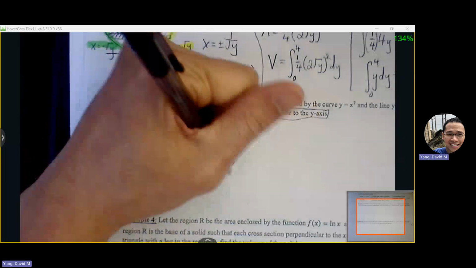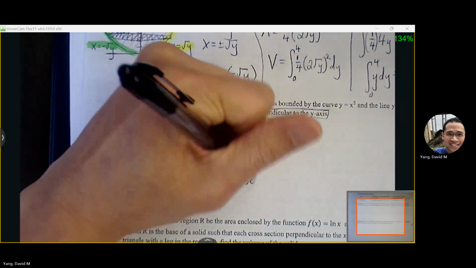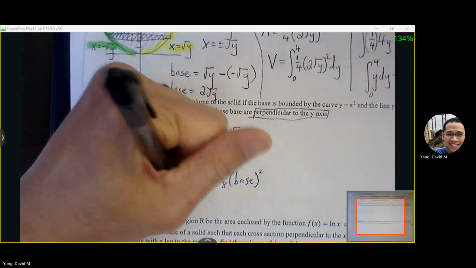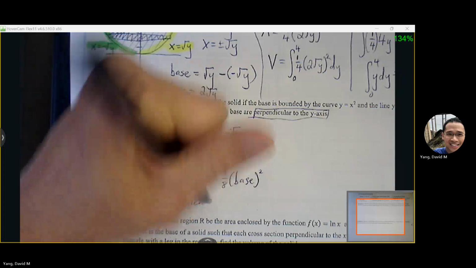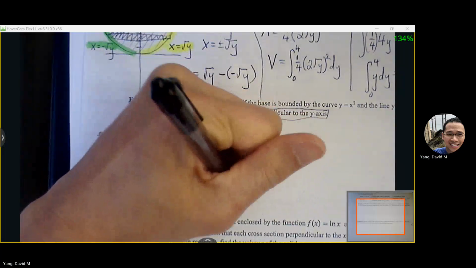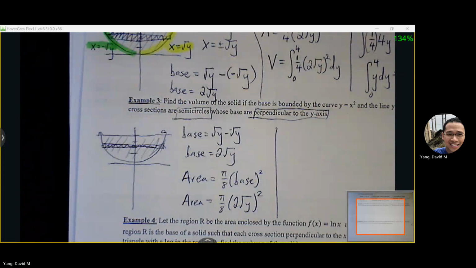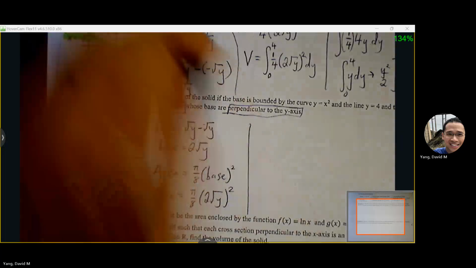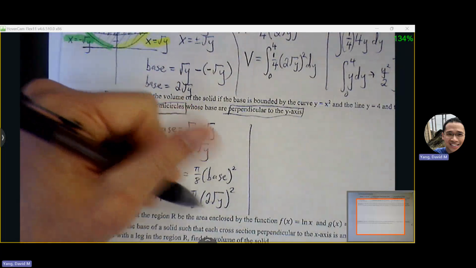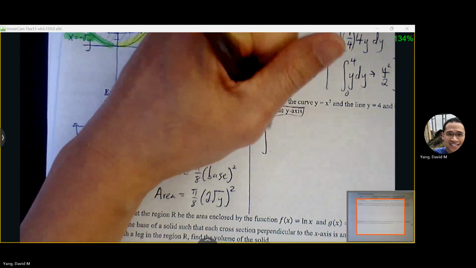So in this case, our area is pi/8 base squared. Go ahead and update your base. And then once you have your area built, you're just putting an integral around it.